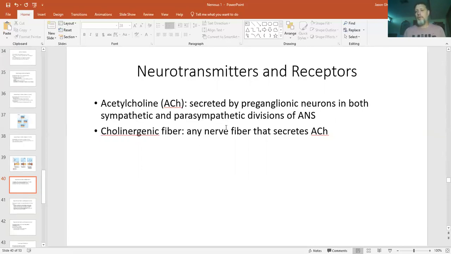But we have our smooth muscles that are in our glands and our intestines and things that will be affected with the parasympathetic. We have a cholinergic fiber, and it's any nerve fiber that secretes acetylcholine. That's all you need for that one.